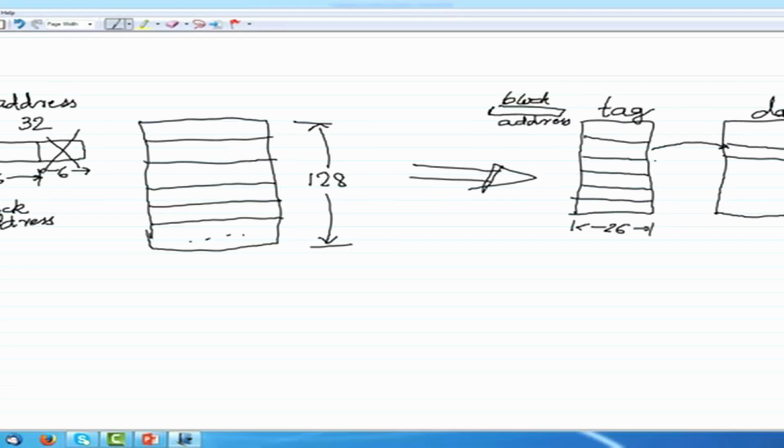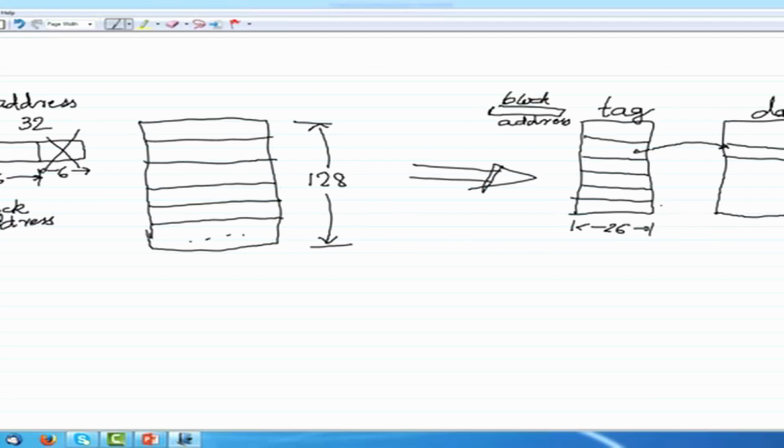If there is a match, we figure out for which entry there is a match. So assume that there is a match for this entry. Then we access the corresponding entry in the data array and we return, if it's a load, the contents of the data array, which is 64 bytes, out of which we can choose a subset. Or if it's a store, then we write to the relevant portion of the block inside the data array.